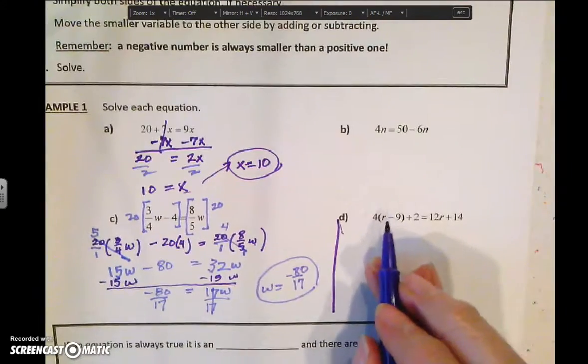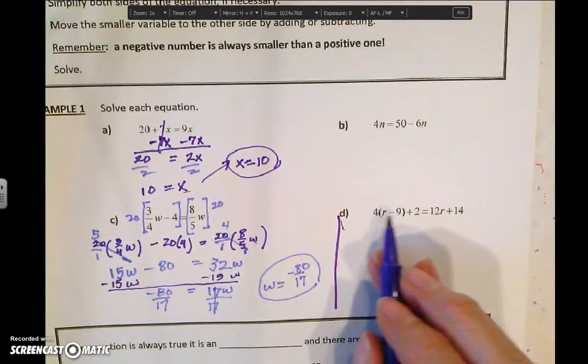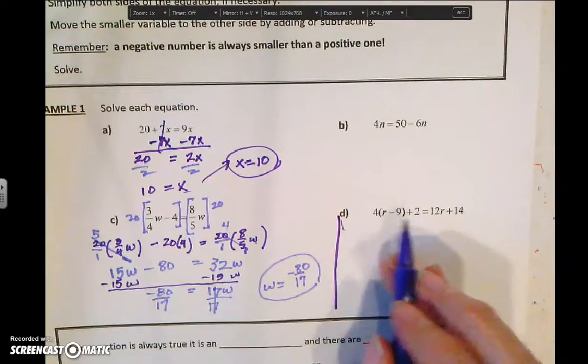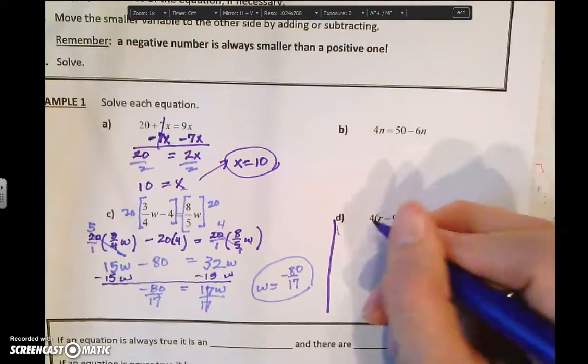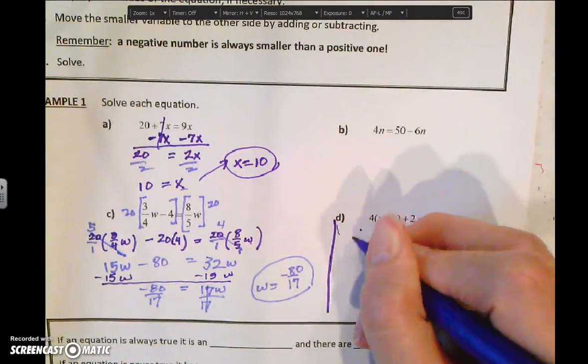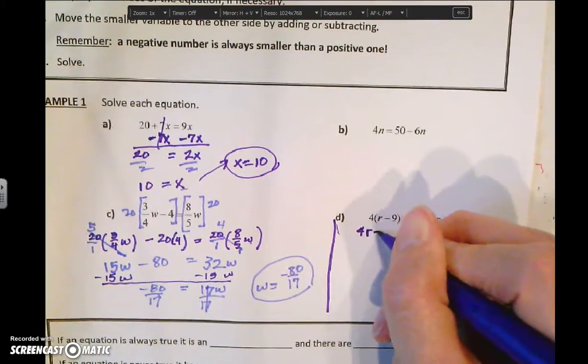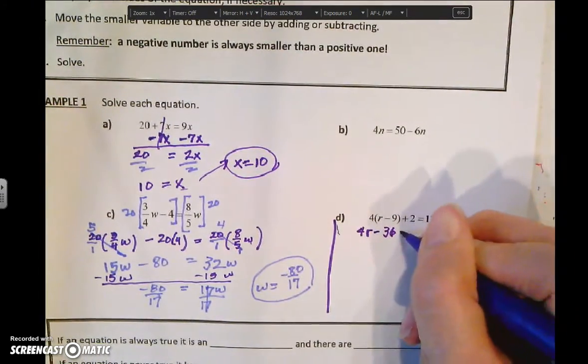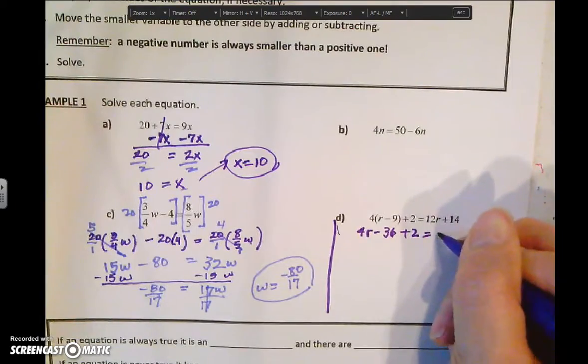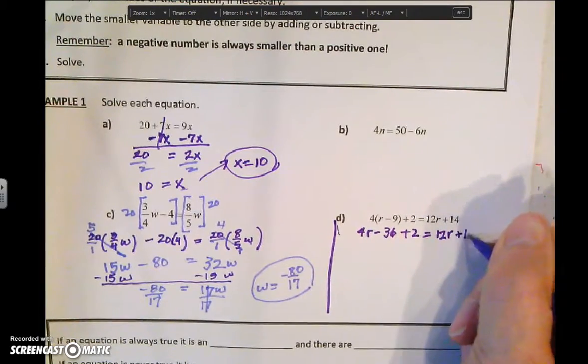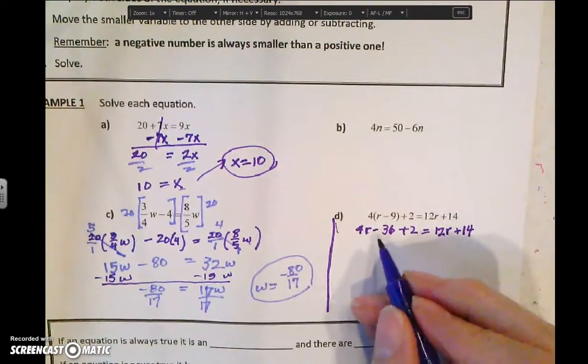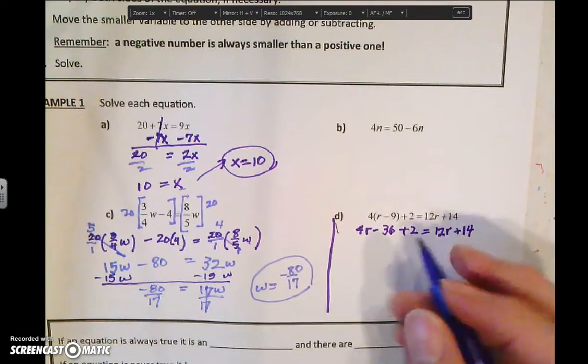This time you can see we will need to distribute to simplify this side and then combine terms. So I'm going to distribute my 4, and I'm going to get 4r minus 36 plus 2 is equal to 12r plus 14. I can now combine my 36 and 2.